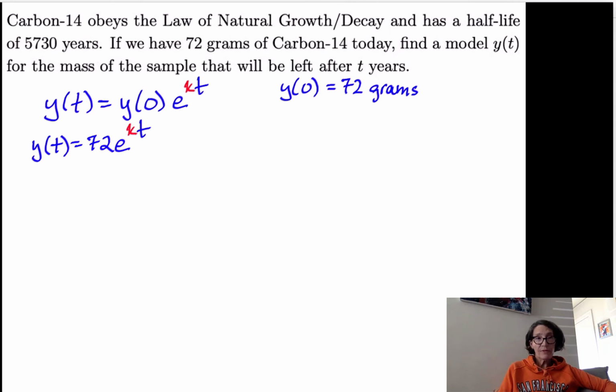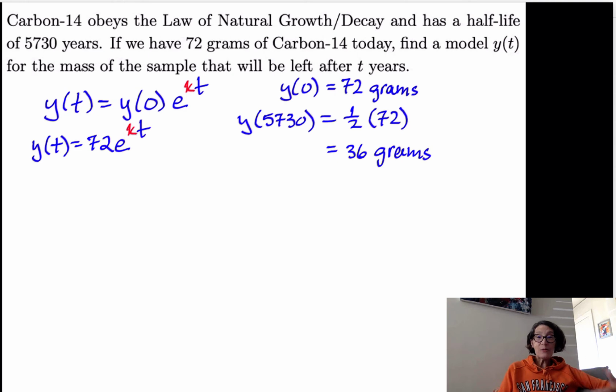If the half-life of C14 is 5,730 years, that means y of 5,730 is going to be half of what we have right now, so half of 72 grams. So 5,730 years from now, there's going to be 36 grams left. We can use that information in our function to figure out what k is.